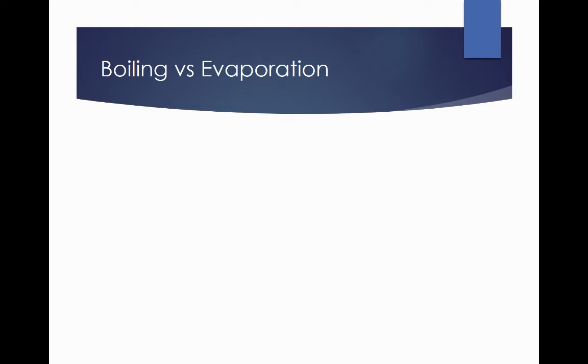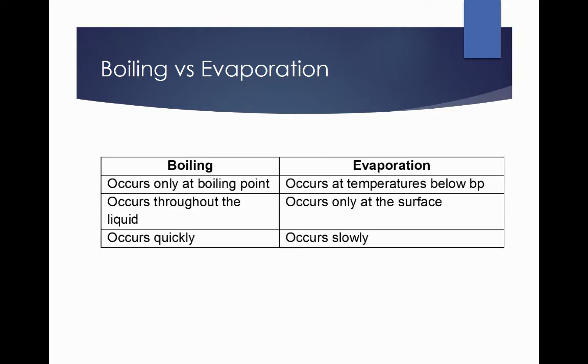Now you realize that I've been talking about boiling so far in the heating curve, but I did not mention evaporation. This is because boiling and evaporation are different. And this table here summarizes the differences between your boiling and evaporation processes. Boiling is something that occurs only at one temperature, which is the boiling point, while evaporation occurs at temperatures that are below the boiling point.